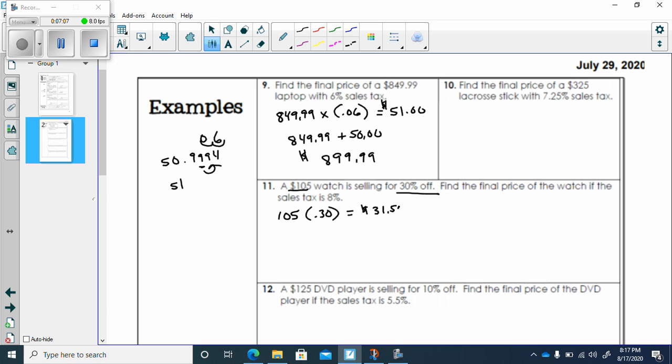So we need to take the $105 watch and subtract $31.50. 105 minus 31.50, and I've got $73.50. That's what we've got after the discount.